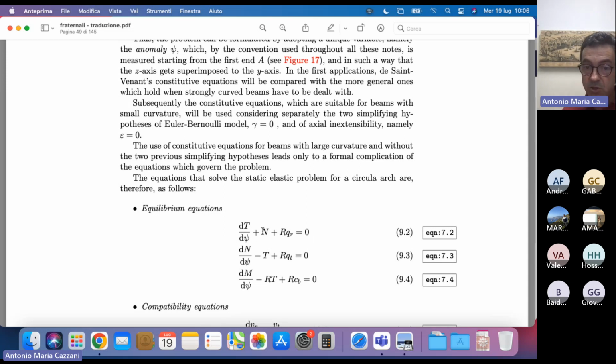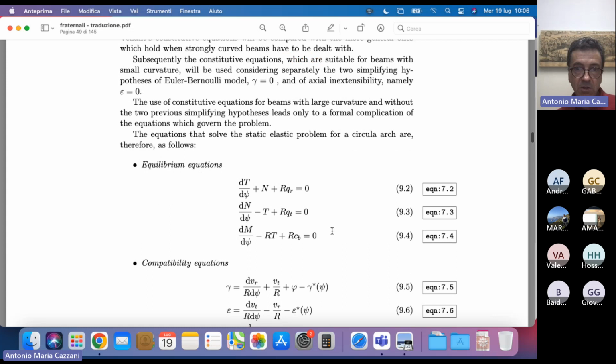And so if we multiply all the terms by the same r, we get this simplified form of the equilibrium equation. So the derivative of n with respect to the anomaly psi minus t plus qt, the tangential distributed load multiplied by r, must be equal to 0. The second equilibrium equation involving t and n is now the derivative of t with respect to psi plus n plus the radial distributed load multiplied by r must be equal to 0.